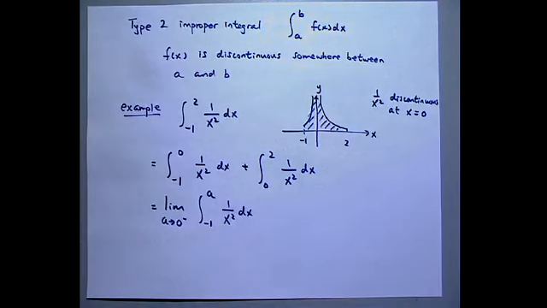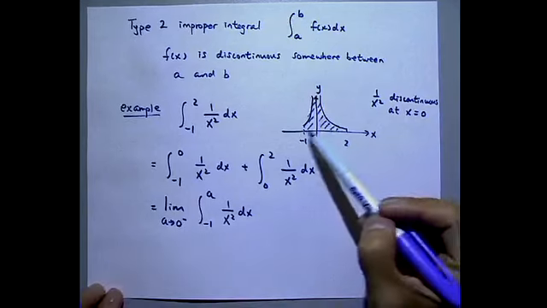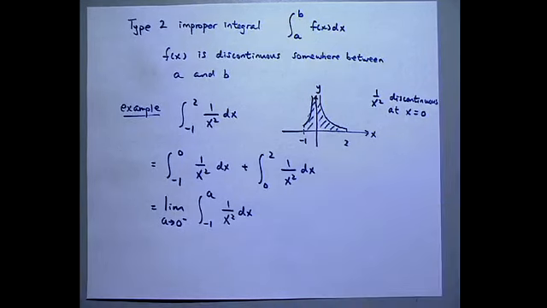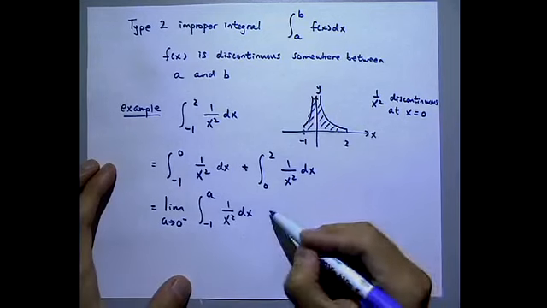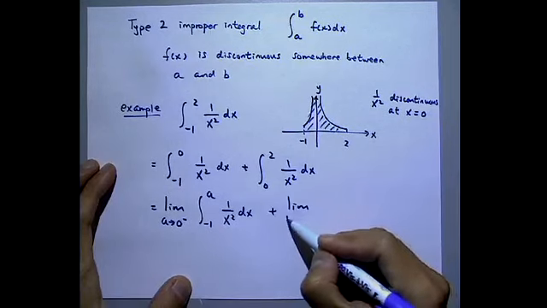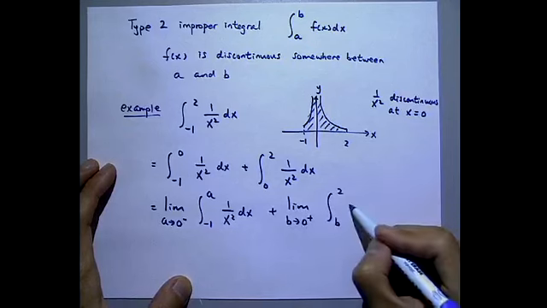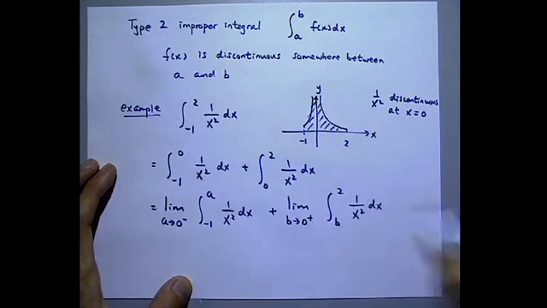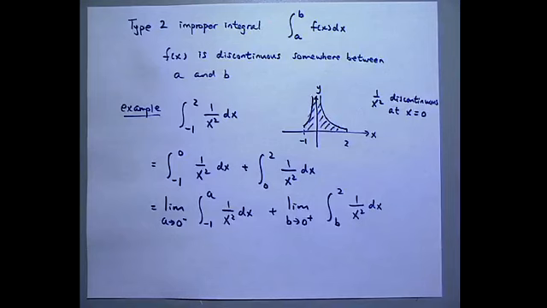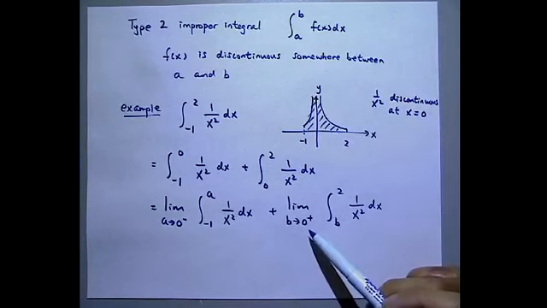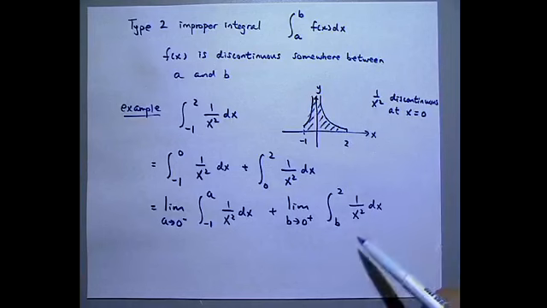We take that 0 out, change it to some constant called a, and we let a go to 0 from the left side, right? We're coming from the left side here. We allow a to get to 0. The other one, same idea here. We can't start at 0, but we can start at b, some finite number b close to 0, and we make it even closer to 0. And then integrate that.